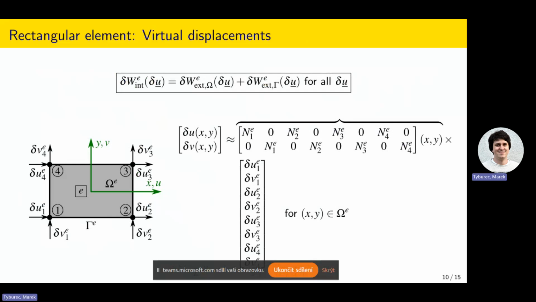And what is easier to work with? We approximate this virtual displacement as a product of these basis functions and values of this virtual displacement at nodes.